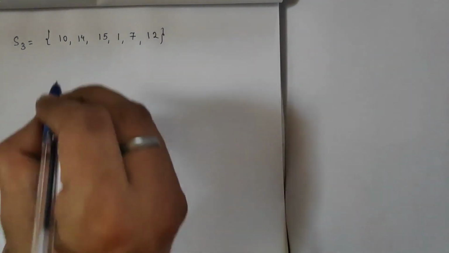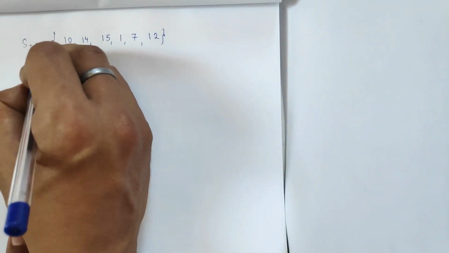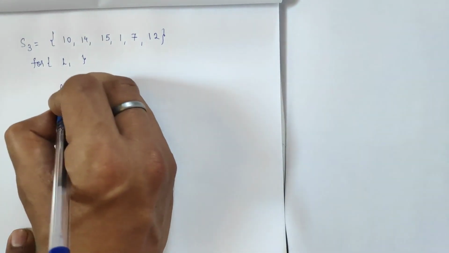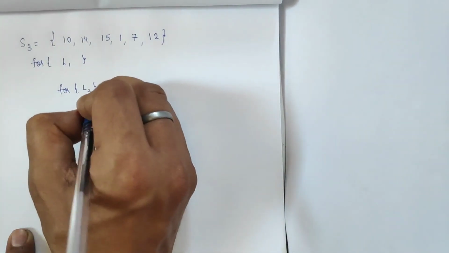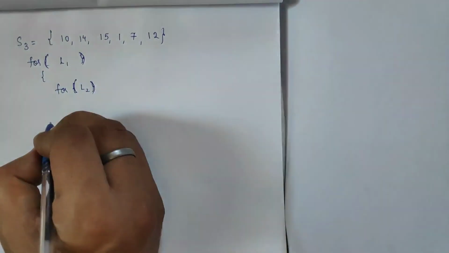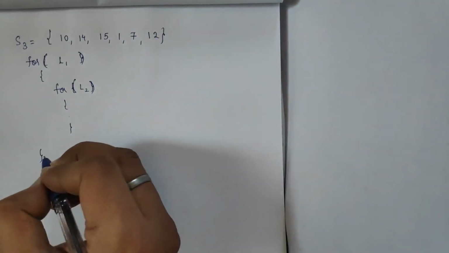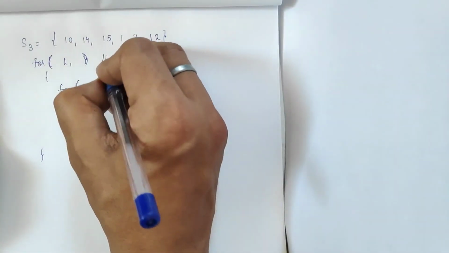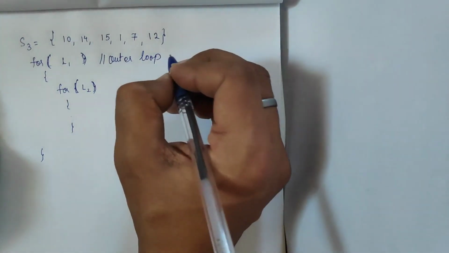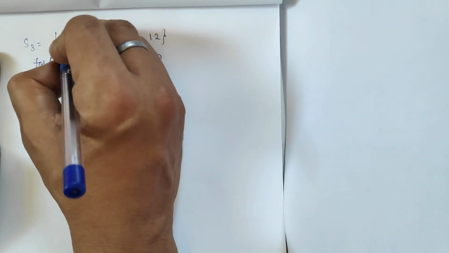And now what we will do, a naive approach would be to run 2 for loops, right? So I will say loop L1 and inside I will have loop L2. In the outer loop, I will take one element at a time.